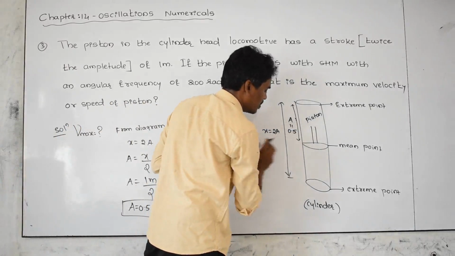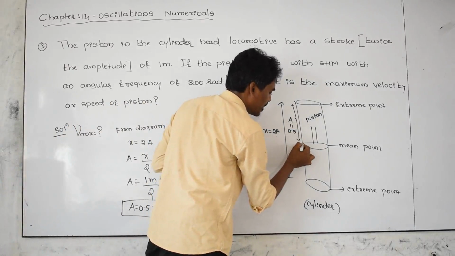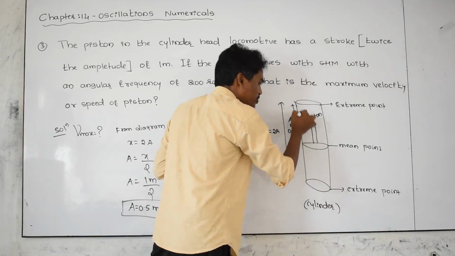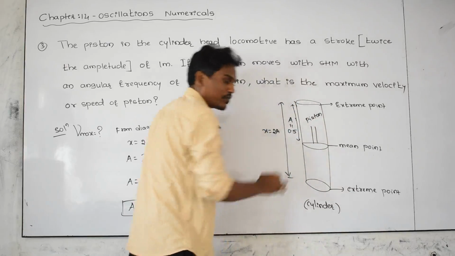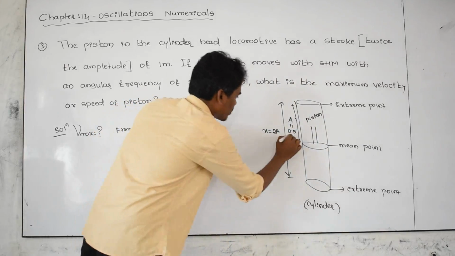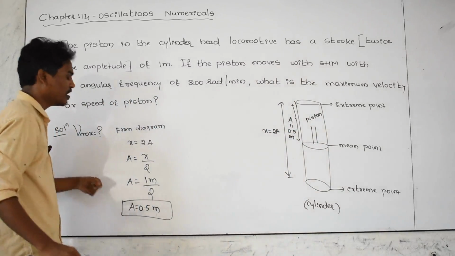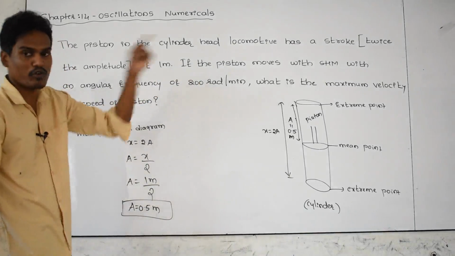Amplitude is 0.5 meter. It means that the distance from the mean point to the extreme point, the maximum displacement of the object from the mean point, is 0.5 meter. Then amplitude we got, and what we need to find out is maximum velocity.